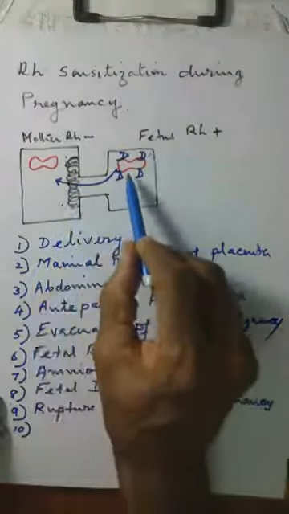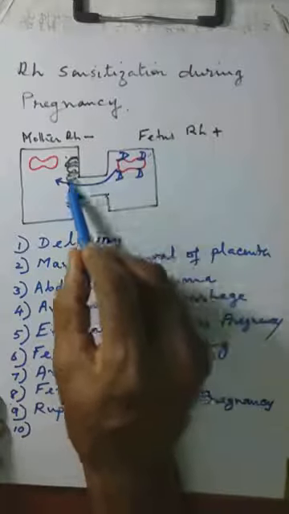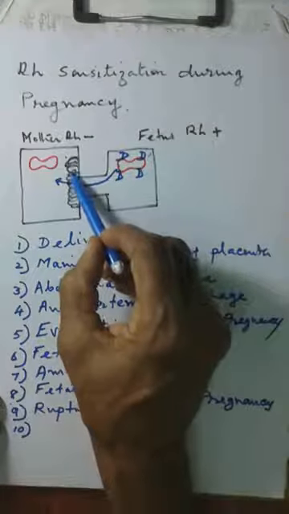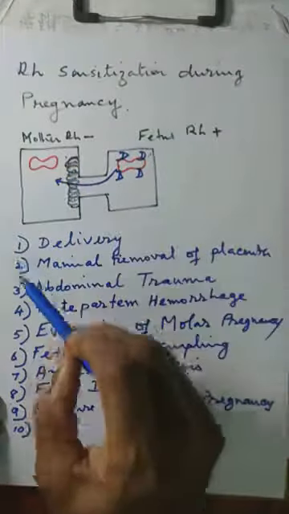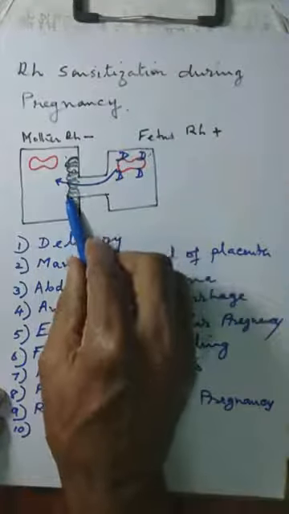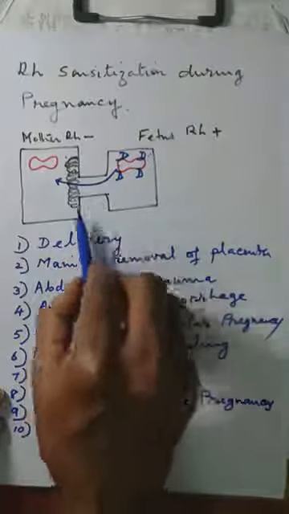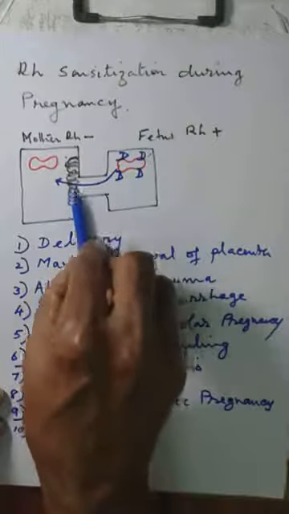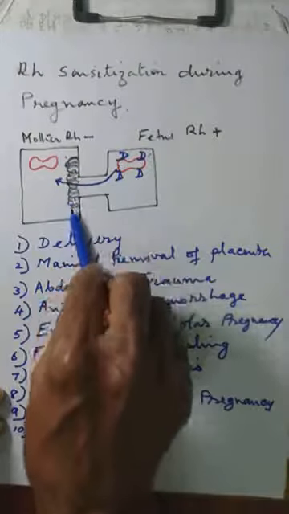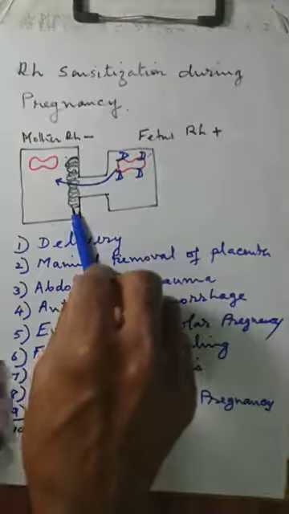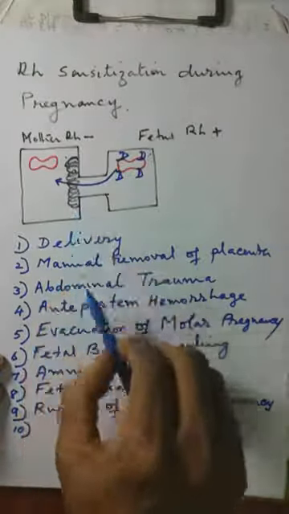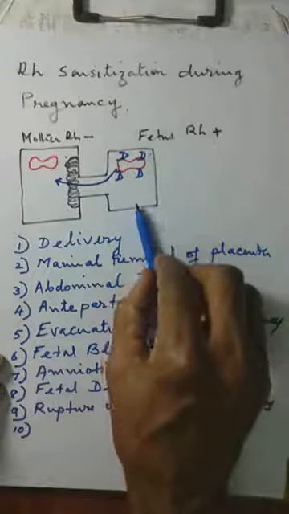What is required for the baby comes through diffusion in the placenta. So if you take a sample from those villi, we can check whether there is any abnormality for the child or not.